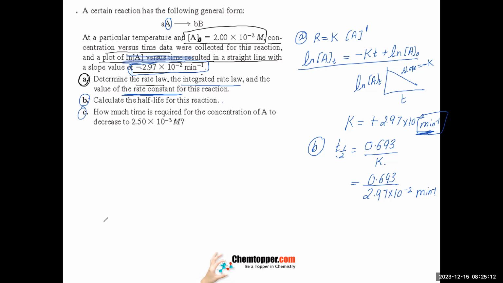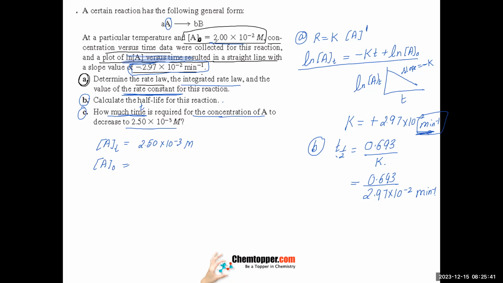C part. How much time is required? So they're asking t, for the concentration of A to decrease up to this. So what is the concentration at time t? 2.50 times 10 raised to minus 3 molar, right? And what is the initial concentration?